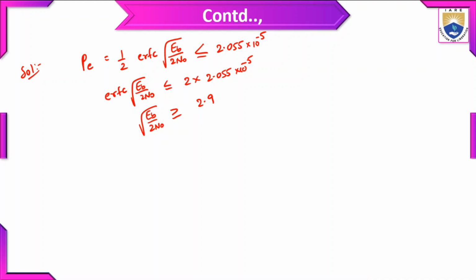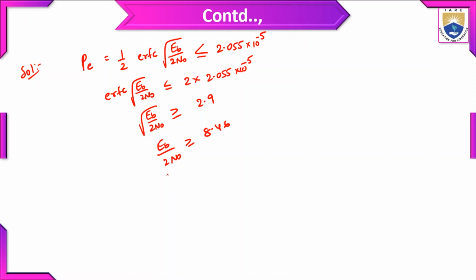So there is no problem; the value is mentioned in the problem data. Again, we send this square root to the other side, so Eb by 2 N naught is greater than or equal to 8.46.